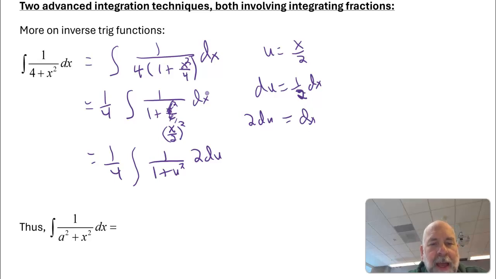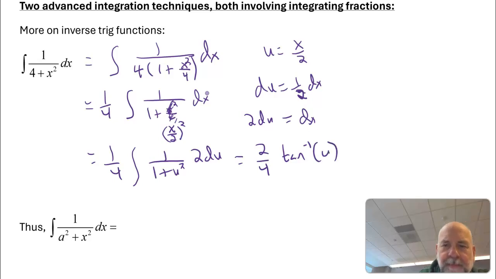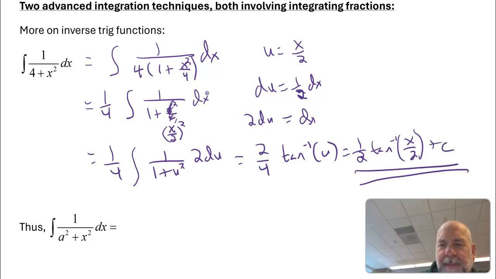All right, so now that 2 I can put out front, because it's a constant multiple, so that would be 2/4 times tangent inverse of u, which is just 1/2 tangent inverse of, now I'm going to put the x in, it's not u, it's x over 2, plus c. And there's my answer.